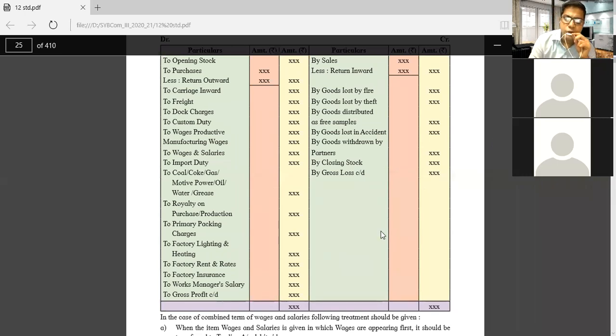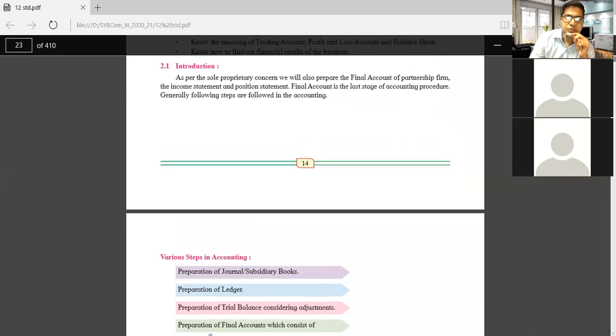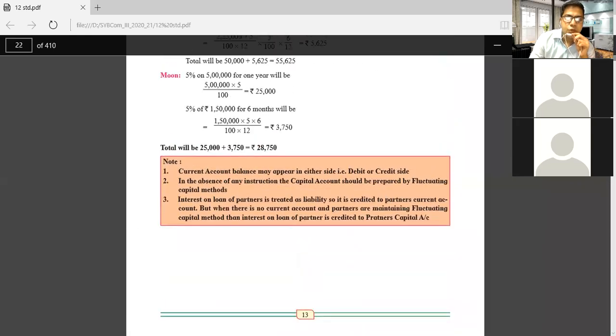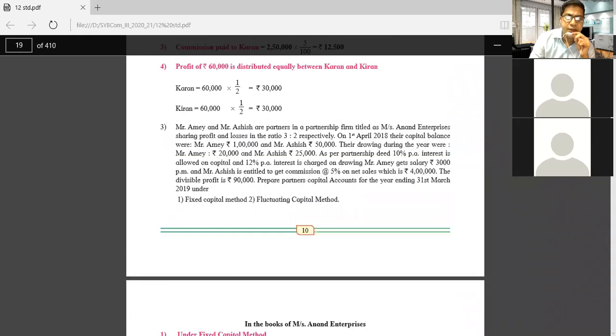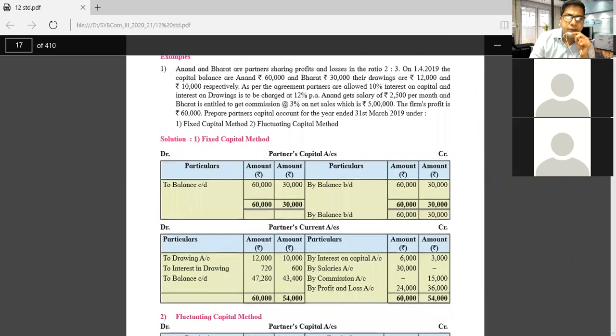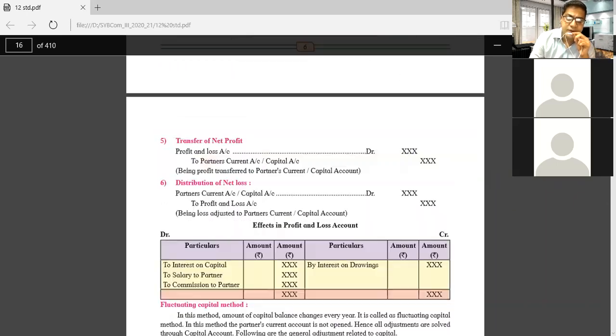Now friends, what you have to do: this trading account also you have to write in your notebook. It is a theoretical part. First of all, you have to write the types of capital.